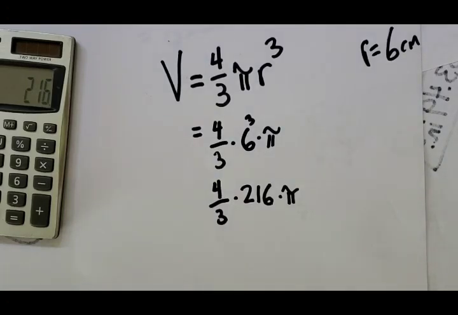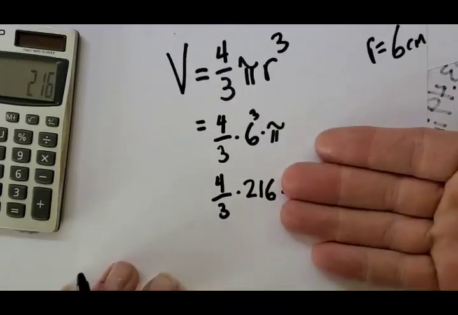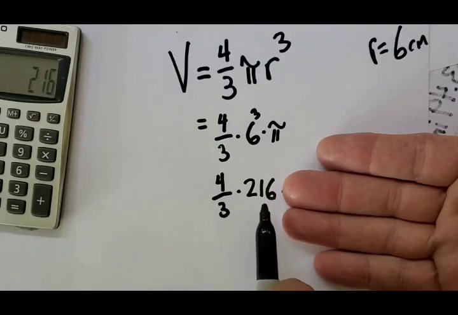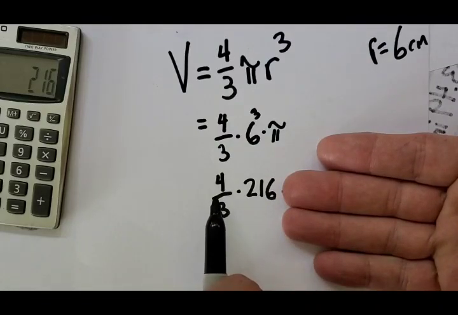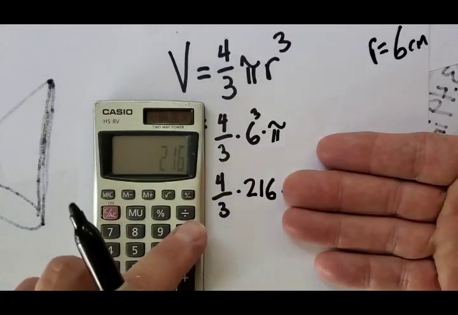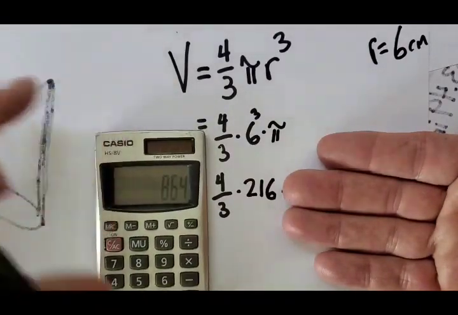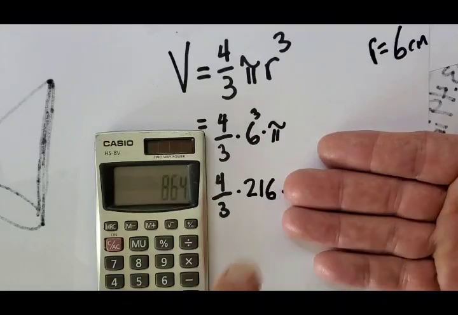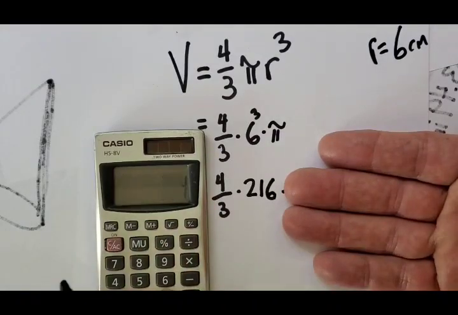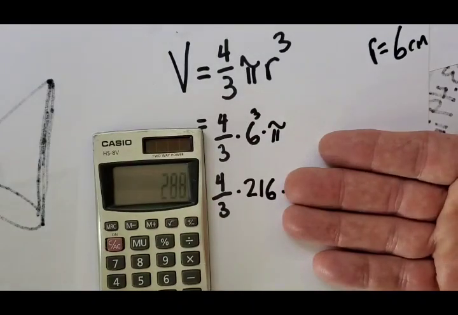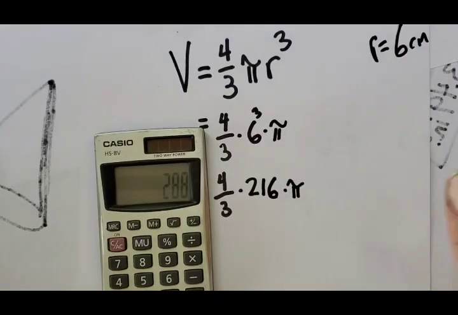Now I know that 216 is divisible by 3, but at this point, I'm going to do what I did in the last example. I'm going to take 216 and multiply it by 4 on the calculator. Looks like it's 864. Then I'm going to divide it by 3, and that'll tell me how many pi this is.